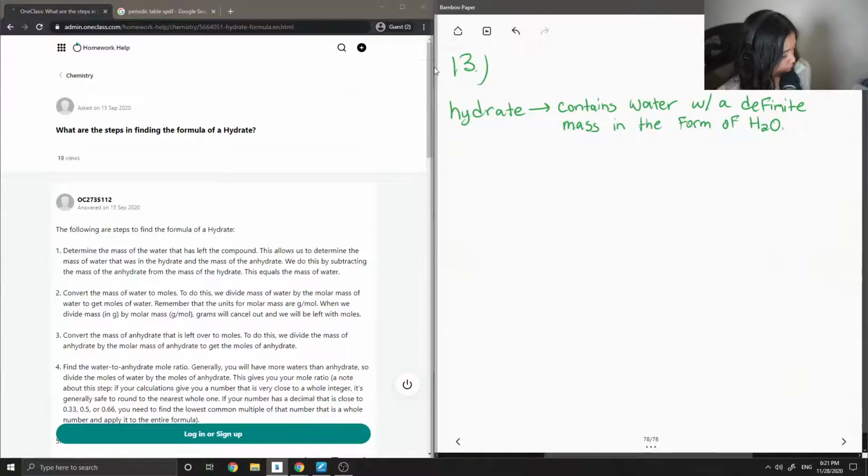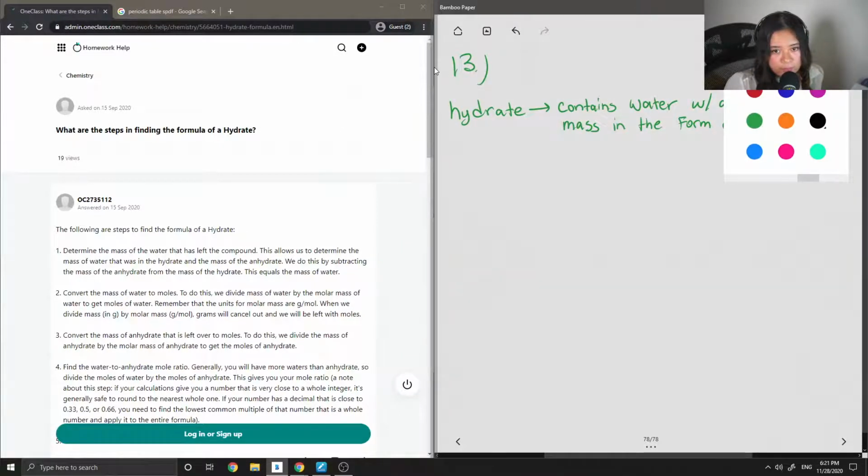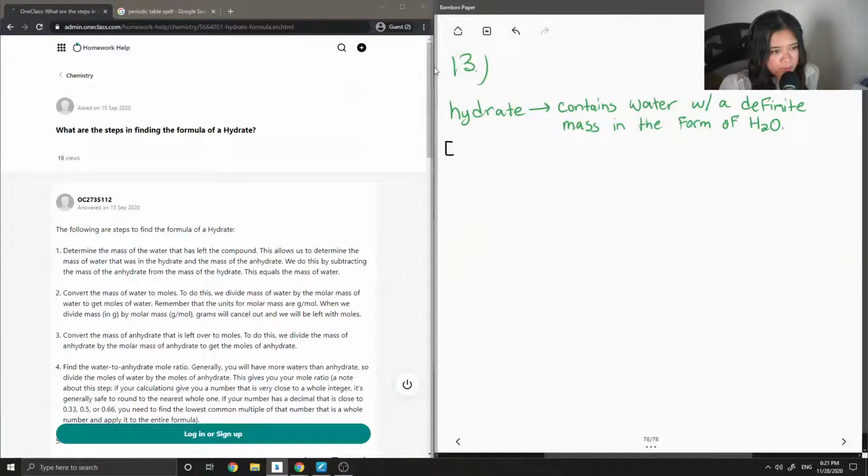So I'm going to write down an example question just so that we can answer all the steps step by step. So let's say we had a sample 210.4 grams of hydrate magnesium sulfate and H2O.